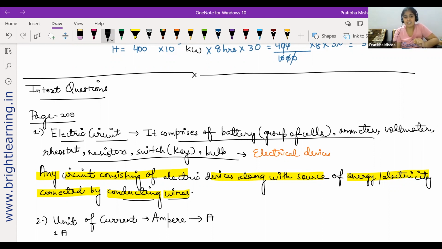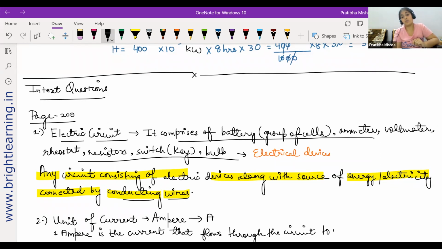So what you can say is 1 ampere is the current that flows through the electric circuit to move 1 second.